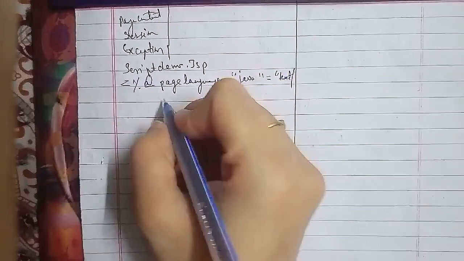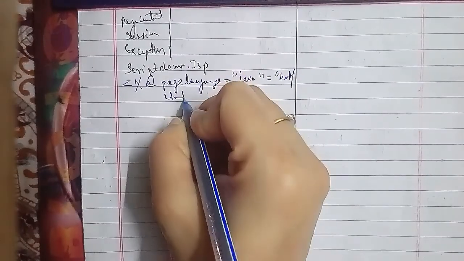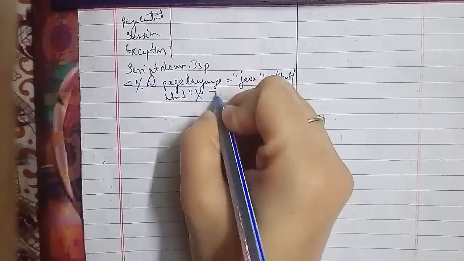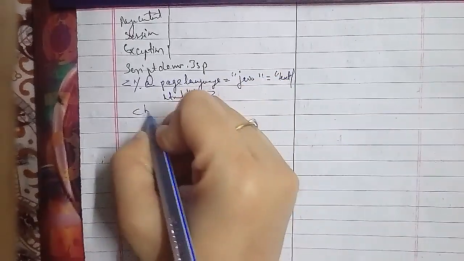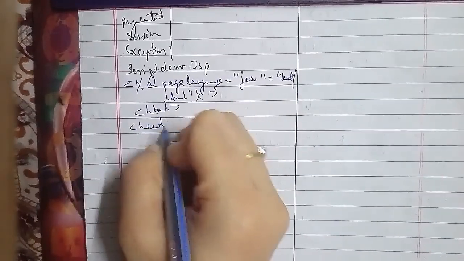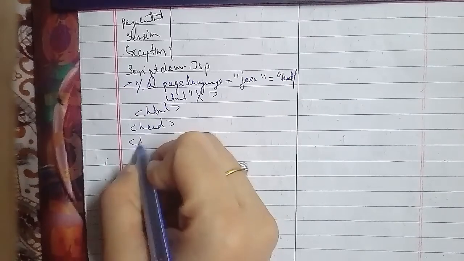For the title, we'll write introduction 2, then close the title tag, close the head tag, and start with the body tag.